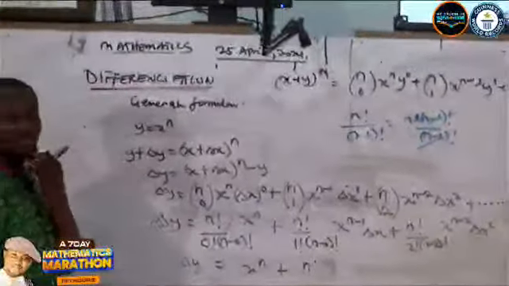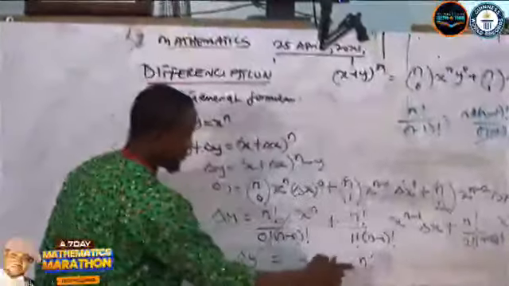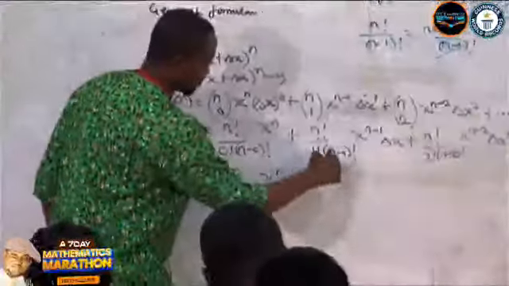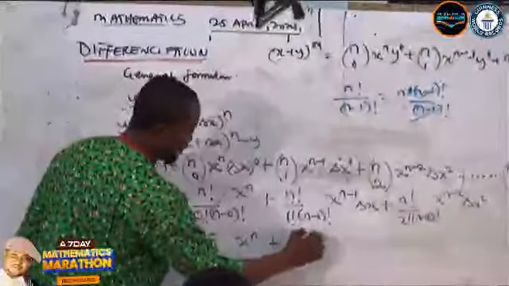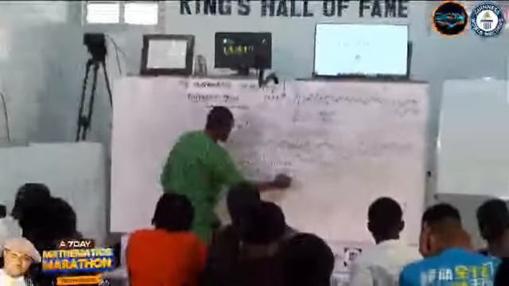This cancels out. Is that true? So this place will now be n, that is n into (n minus 1). So the whole thing will go. What we have is n x^(n-1), change in x.